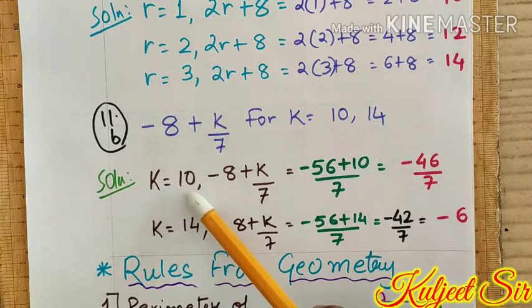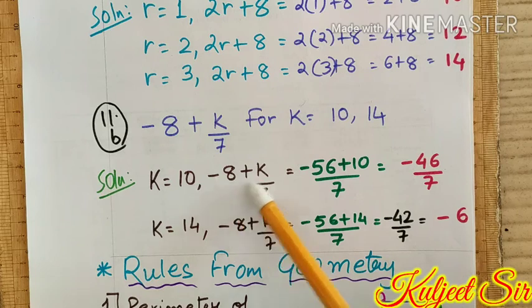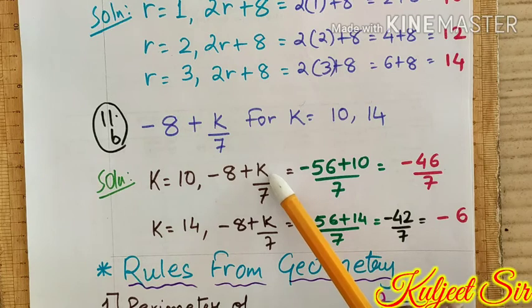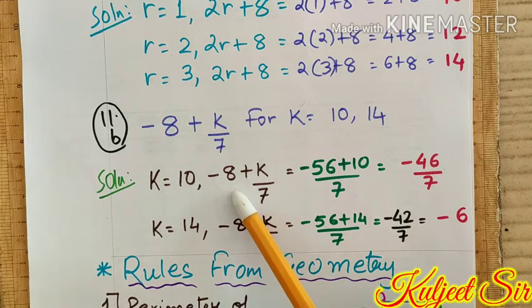Now when we take k as 10, we have to substitute this 10 in this part of the question. So minus 8 remains as it is, plus k. For k we have to put the value, first as 10 and then as 14. Now see, 7 8s are 56, so I have to cross multiply this first.